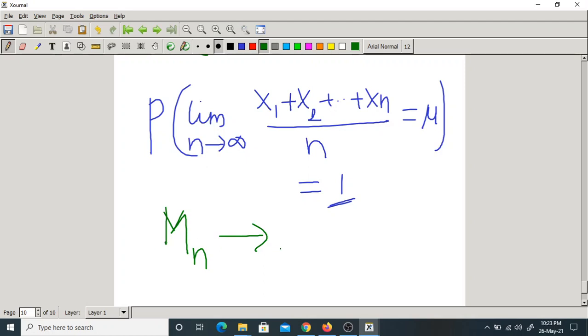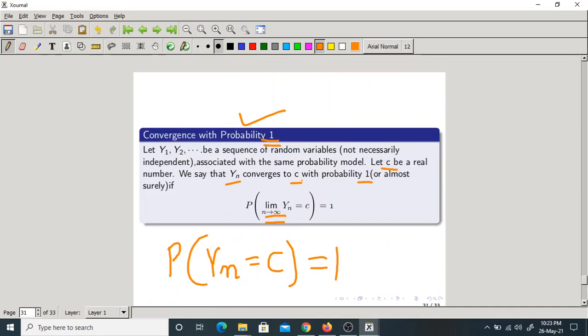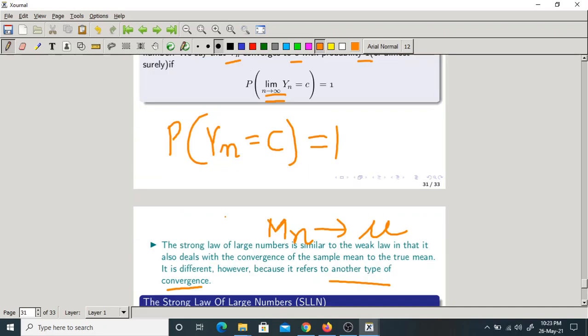Now, what the strong law of large numbers says is that the sample mean converges to the true mean with probability how much? 1. Or it is for sure, or more precisely, almost surely.